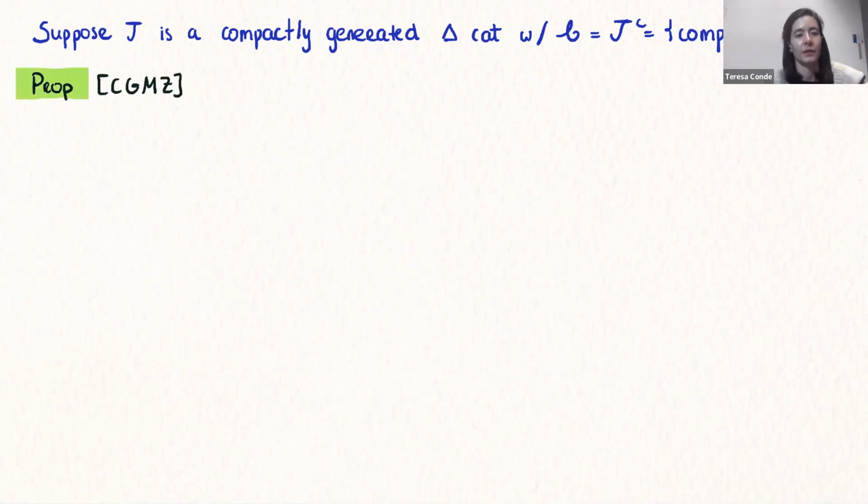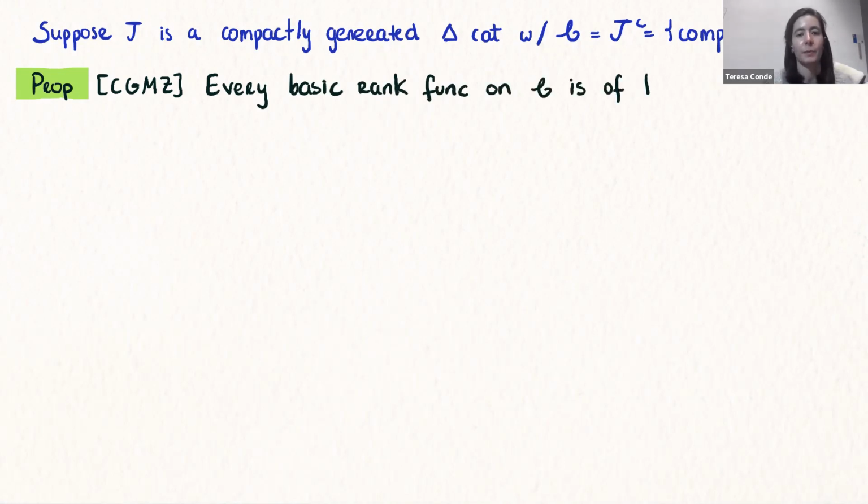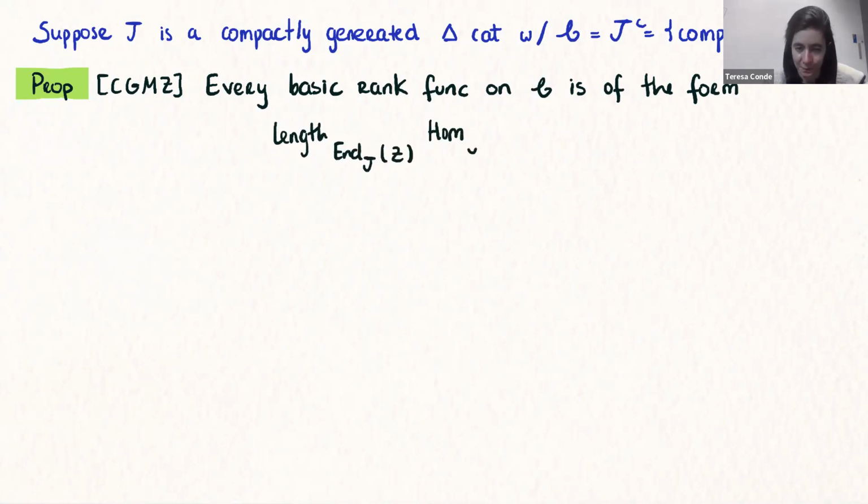Okay, so in this case, it's very nice that we can say what basic rank functions look like. If C is the category of compact objects of T, then all basic rank functions are of this form.